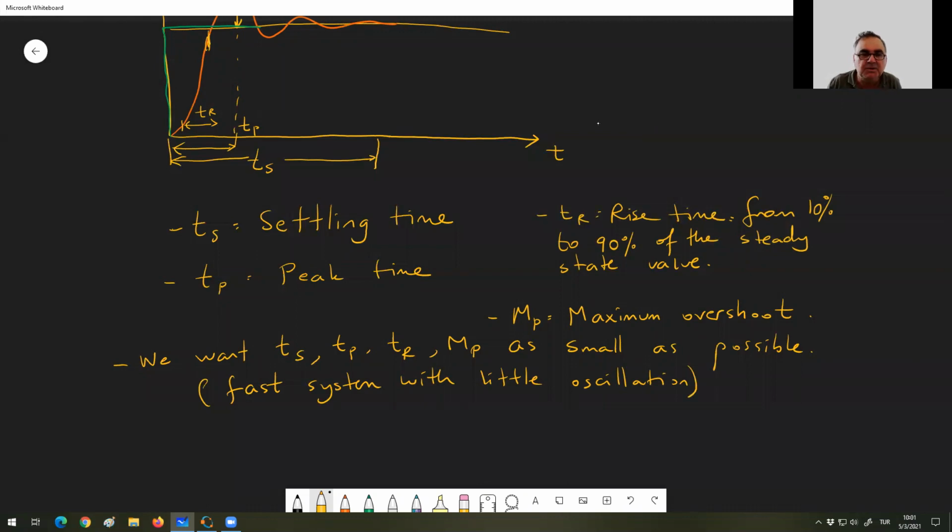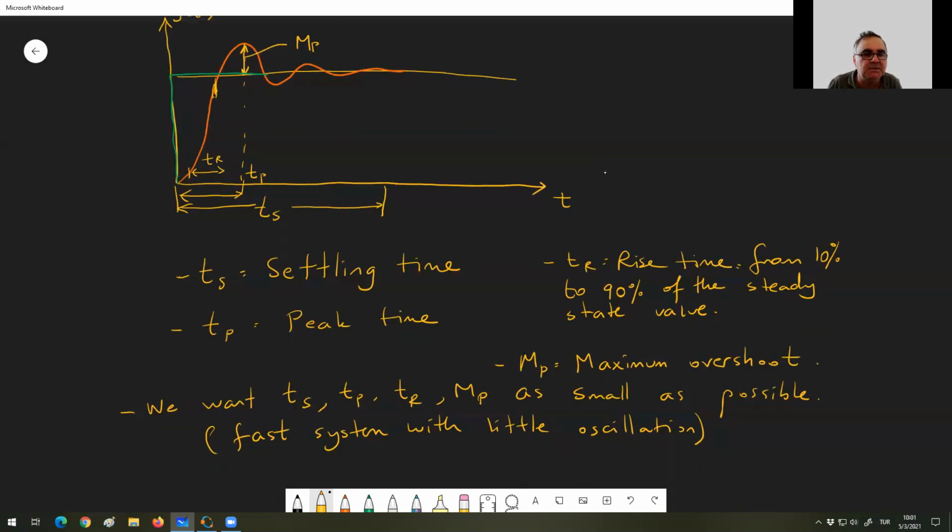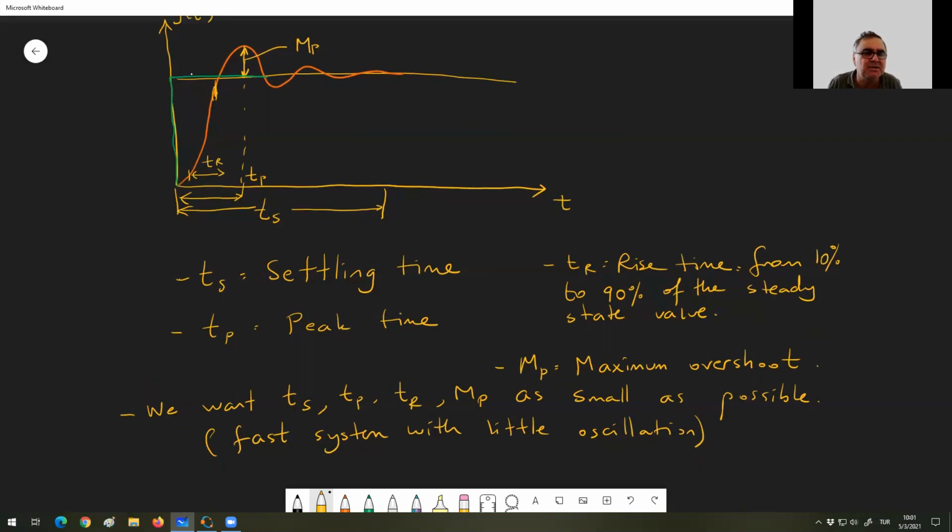You cannot have this green line. This is unrealistic. A realistic one would be this red line with parameters that are kind of minimized, if possible.